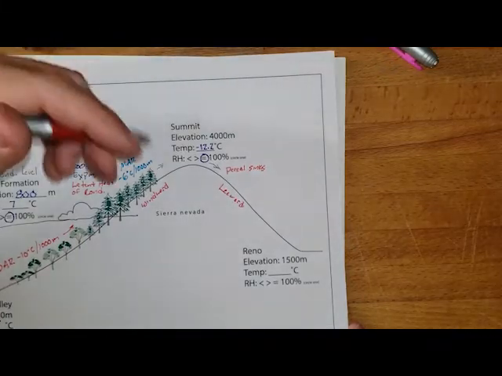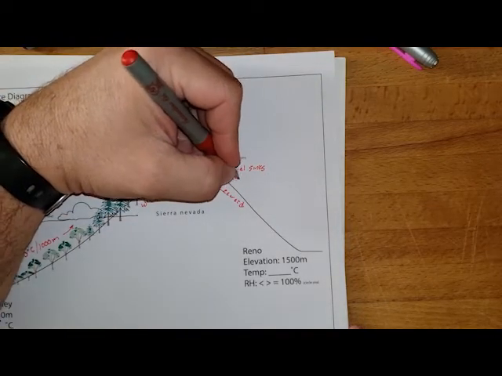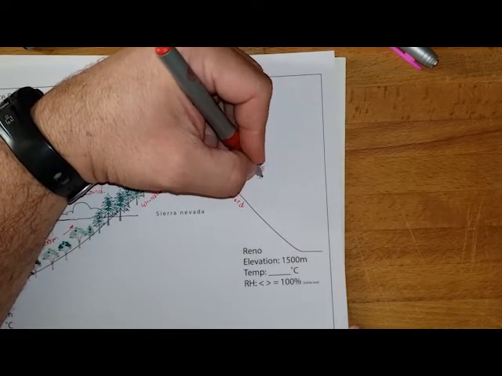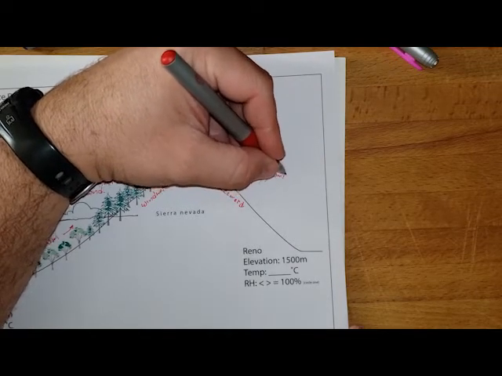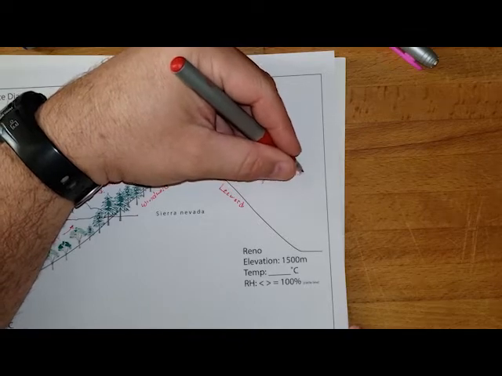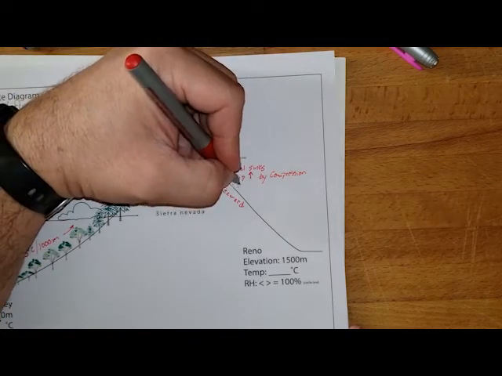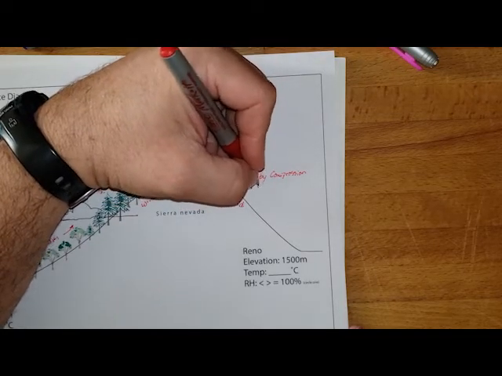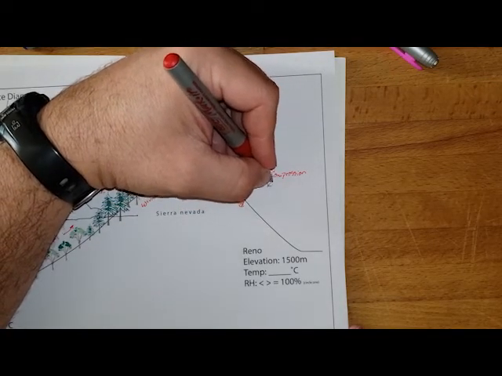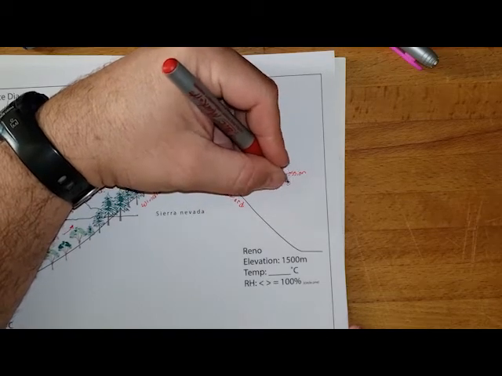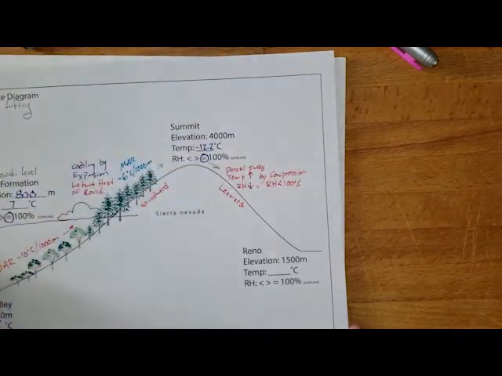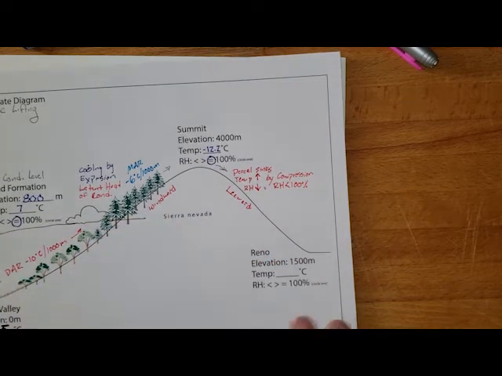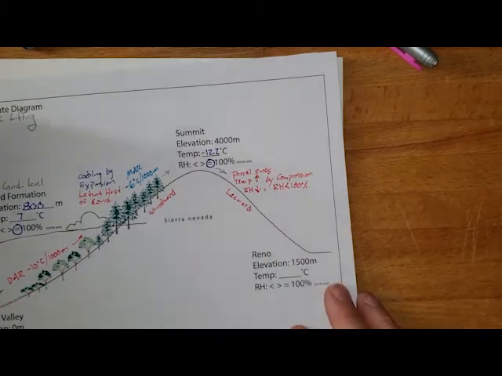Because the parcel is sinking, the temperature is going up because of compression. And because the temperature goes up, relative humidity goes down. So it's going to be less than 100%. And we know that when relative humidity is less than 100%, we are going to have a rate of change, but now we're at the dry adiabatic rate.